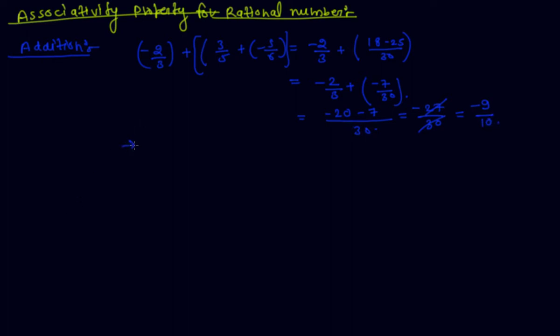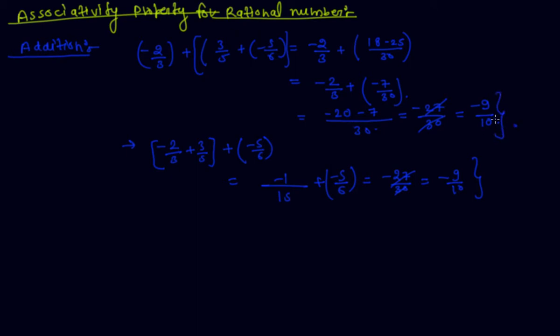If I take it in the associative form, (minus 2 by 3 plus 3 by 5) is added first, then add minus 5 by 6. First I solve this, it is equal to minus 1 by 15 plus minus 5 by 6, which is equal to minus 27 by 30, or we can say minus 9 by 10. So you can see in both situations the answer is the same.